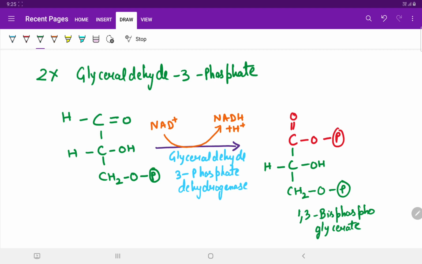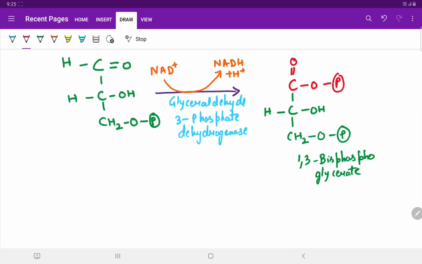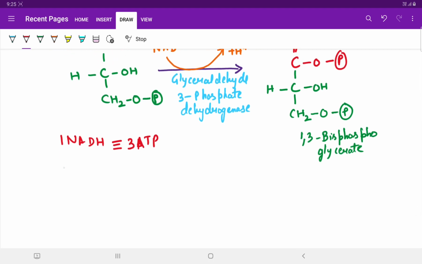This is a very high energy reaction in which there is a generation of 6 ATP, because 1 NADH is equivalent to 3 ATPs. As we all know, the reaction starts with two molecules of glyceraldehyde 3-phosphate, so in total 2 NADH will be produced, which means a total of 6 ATP will be generated.